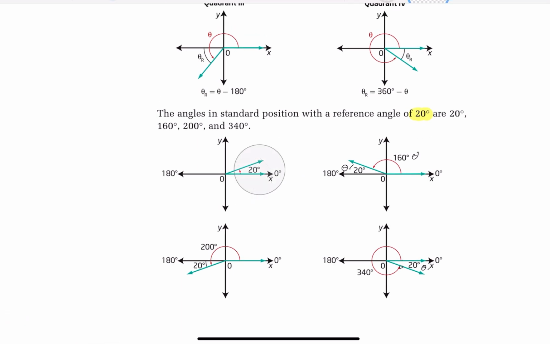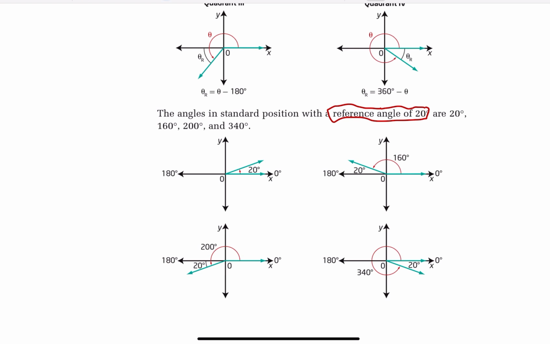For this, this is just an example where they are giving us the reference angle, and they are asking us to find the original angle.